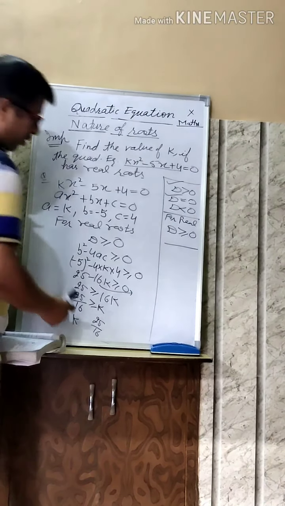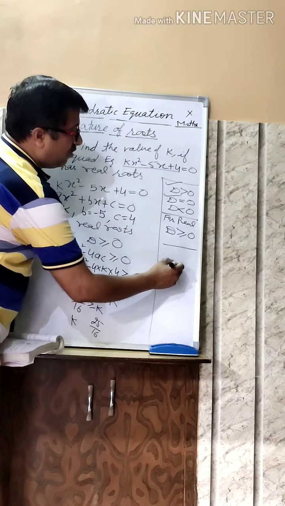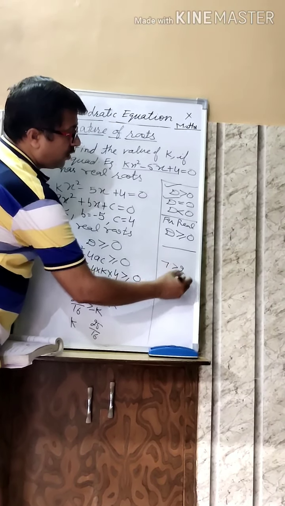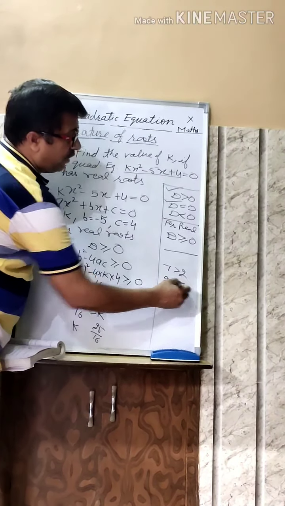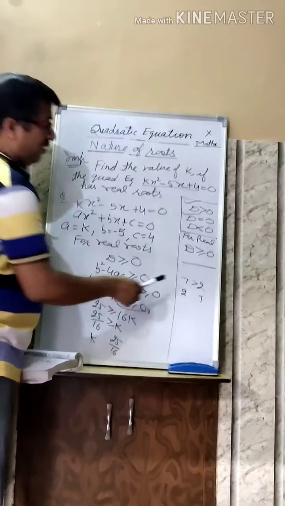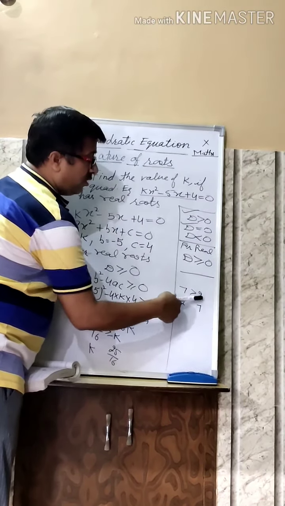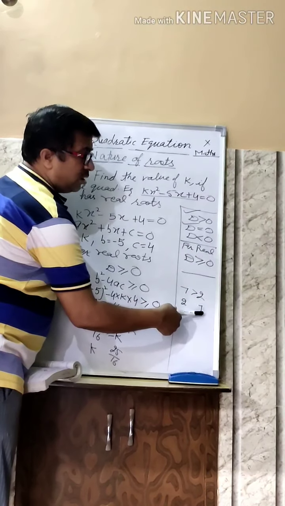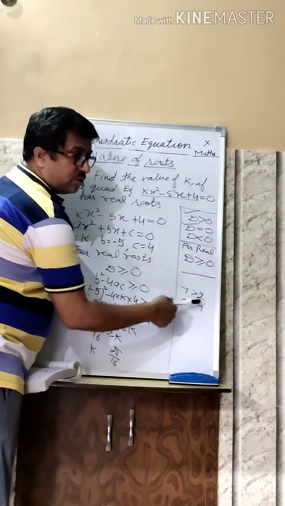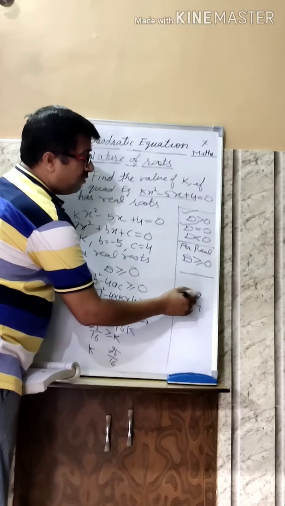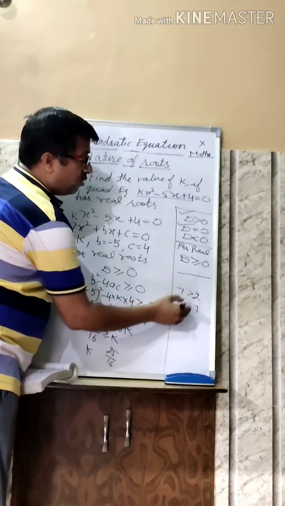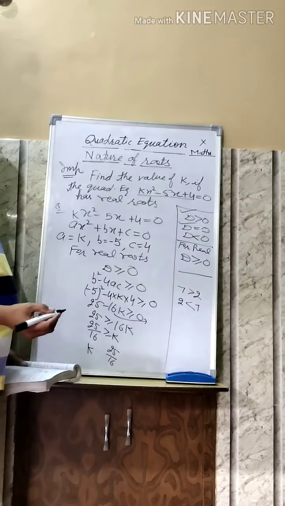You think over it. If I am writing 7 greater than 2, and if I write 2 here and 7 here, 7 greater than 2 means 2 is less than 7. When you shift both left and right side, the sign will change. If 7 greater than 2, it means 2 less than 7.